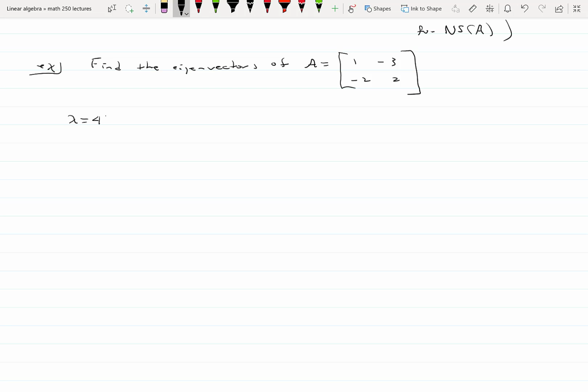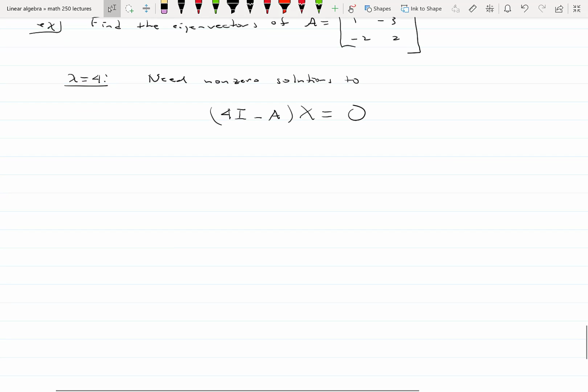Lambda equals 4. I need the non-zero solutions now to lambda I minus A times x equals 0, or 4I minus A times x, the unknown column vector, equals 0. Those column vectors in that system are the eigenvectors.